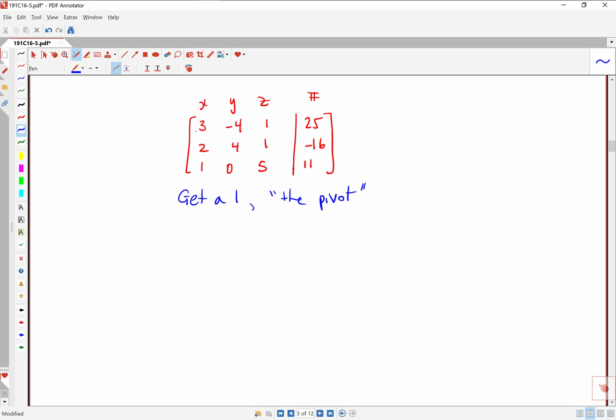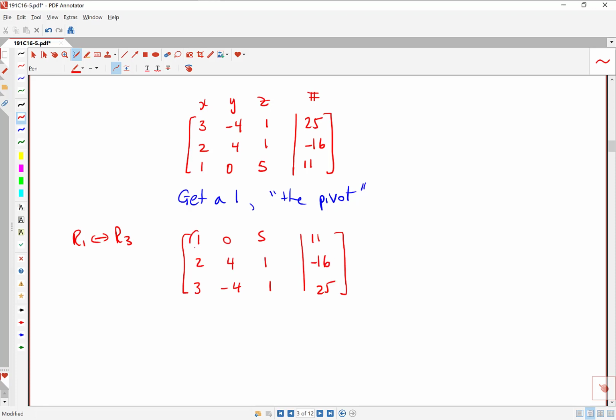To do that, we could either divide row 1 by 3, or even easier, we could just swap rows. So I would suggest we swap row 1 and row 3. Everything that was in row 3 is going to come up to the top, 1, 0, 5, 11. Everything that was in row 1 is going to head down to the bottom, so we'll recopy that entire row, and the middle row is going to stay the same.